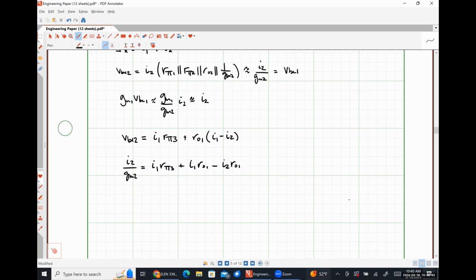And then moving stuff around, we wind up getting that I2 times R01 plus 1 over GM2 is equal to I1 times R01 plus R pi 3.